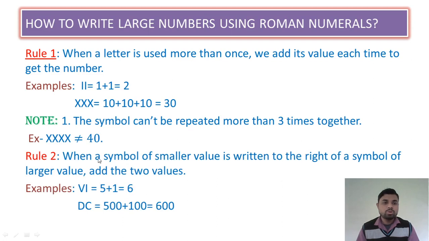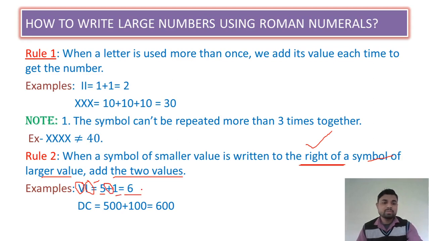Next rule 2: when a symbol of smaller value is written to the right of a symbol of larger value, add the two values. It's very important. Suppose here this is 5 and this is 1, and 1 is written on the right hand side. So when it is written on the right hand side, we will do addition. 5 plus 1, that means 6.